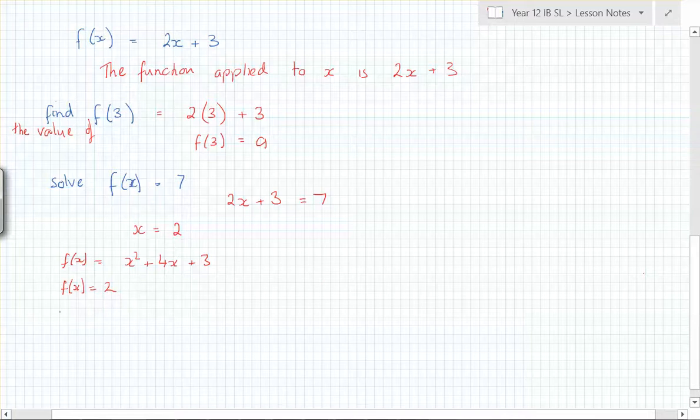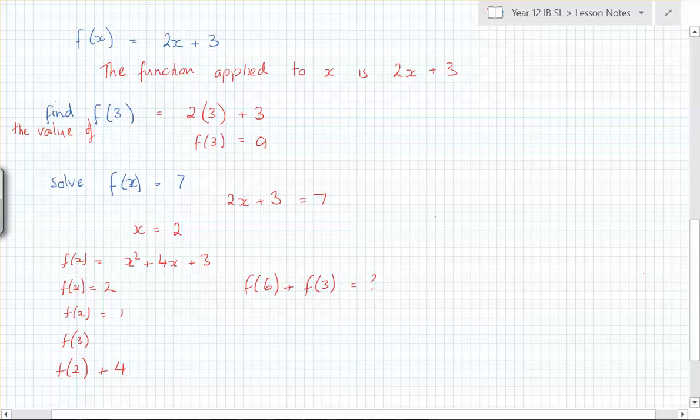I can go f of x equals 2, f of x equals 1, f of 3, f of 2, and then plus 4. I could say f of 6 plus f of 3 equals, right? So it's a quick way, it's a shorthand.